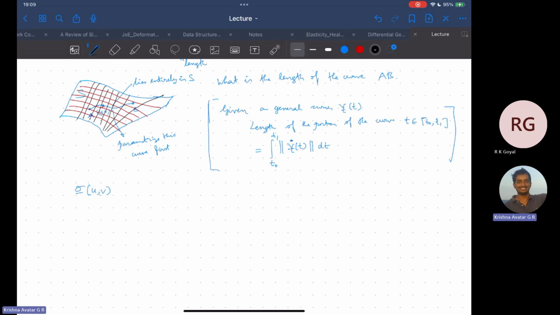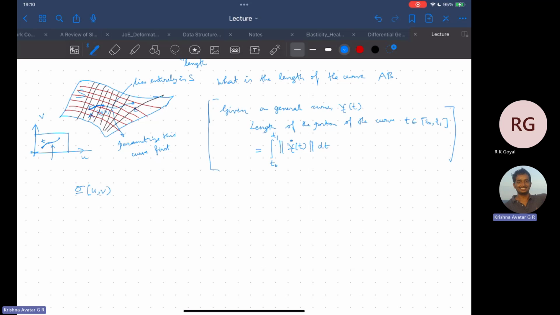So what we do is we allow u and v also to vary. In the parametric space u comma v, this particular curve will look something like this. It seems some sort of a curve even in parametric space. And because it's a curve in parametric space, we'll define some parameter t, which is the independent variable, and the parameters of the surface are themselves a function of t.